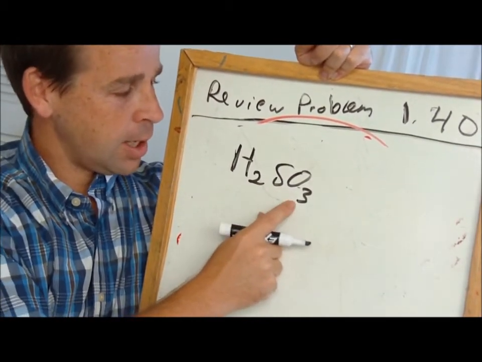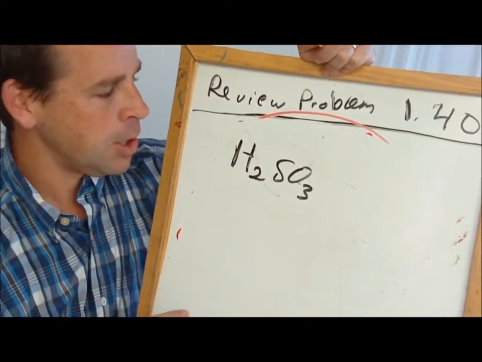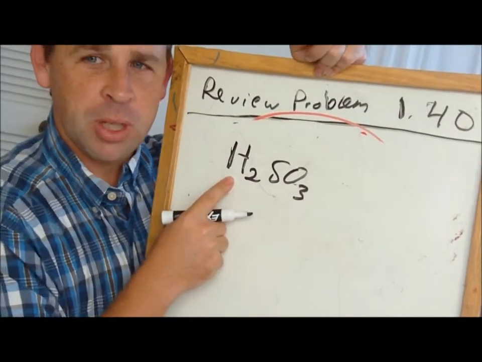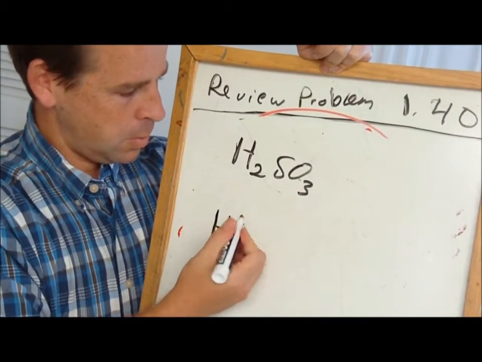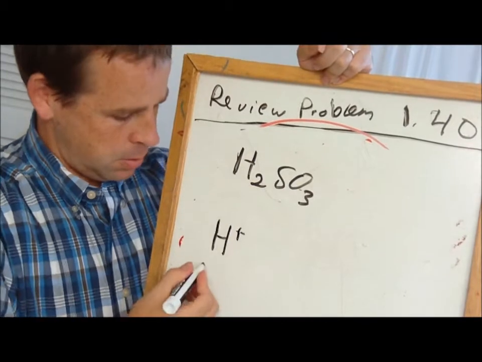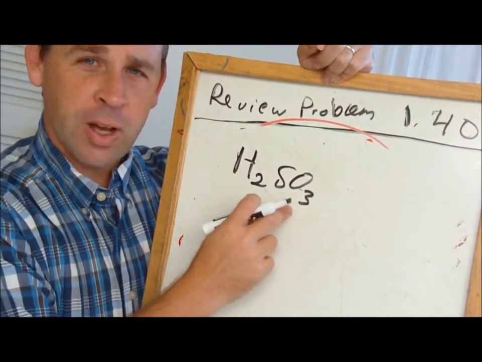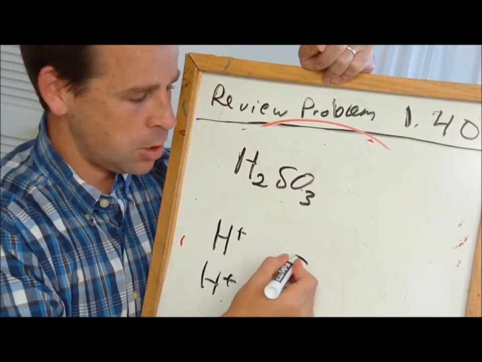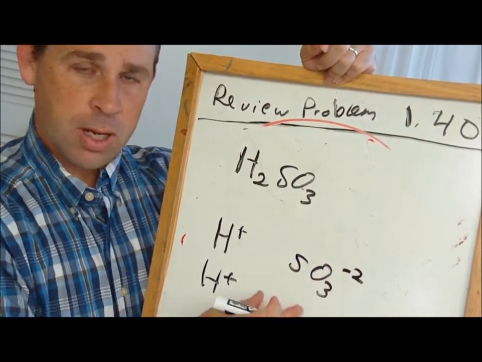We can again look at what the charge is on that sulfite by looking at the charge that would be on hydrogen. Hydrogen always has a +1, and we see that there are 2 of them. So this sulfite ion must have what kind of a charge? SO3 has to have a -2 charge, right?